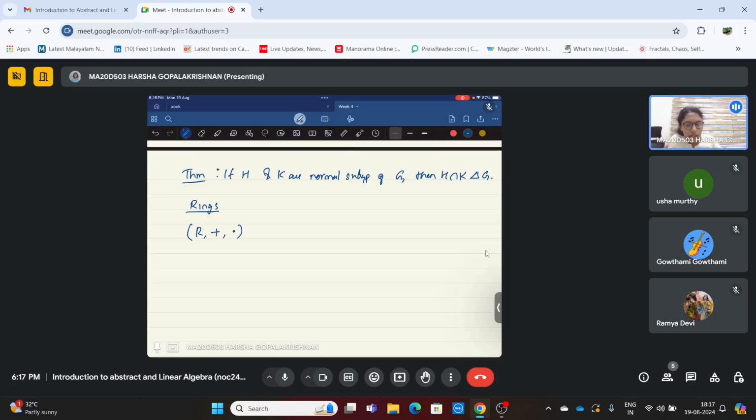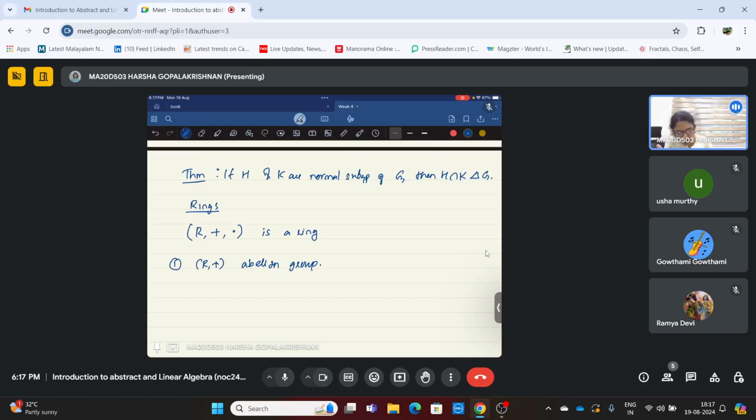Now this (R, +, ·) is a ring. First of all, (R, +) should be a group, not just a group, it is a commutative group, so it is an abelian group. What does that mean? It should satisfy the closure property, associativity, existence of identity, existence of inverse, and also it should be commutative.